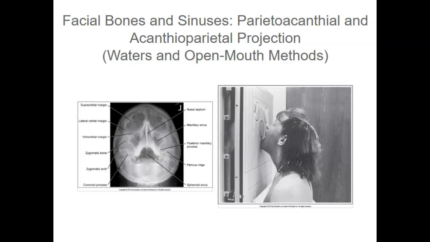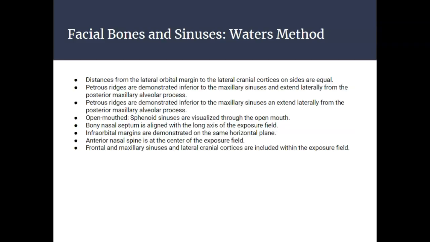If you're performing an open mouth for the sphenoid projection, you're still going to elevate the chin until the mental meatal line is perpendicular, but just drop the jaw. The central ray is angled perpendicular to the IR so that it exits the acanthion. I have included the image analysis guidelines for your review.